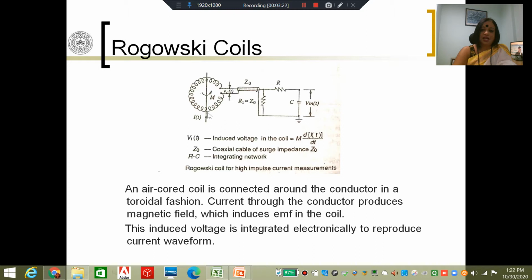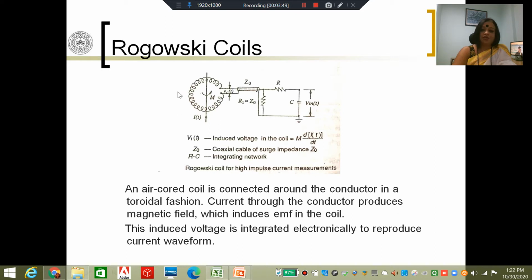So as a result, when there is a current flowing through the conductor, there will be a magnetic field produced, and this magnetic field will cause flux linkage with the Rogowski coil, and as a result, when there is a PD pulse through this current carrying conductor, there will be a corresponding EMF induced in the Rogowski coil due to the magnetic field that is produced by the current in its vicinity.